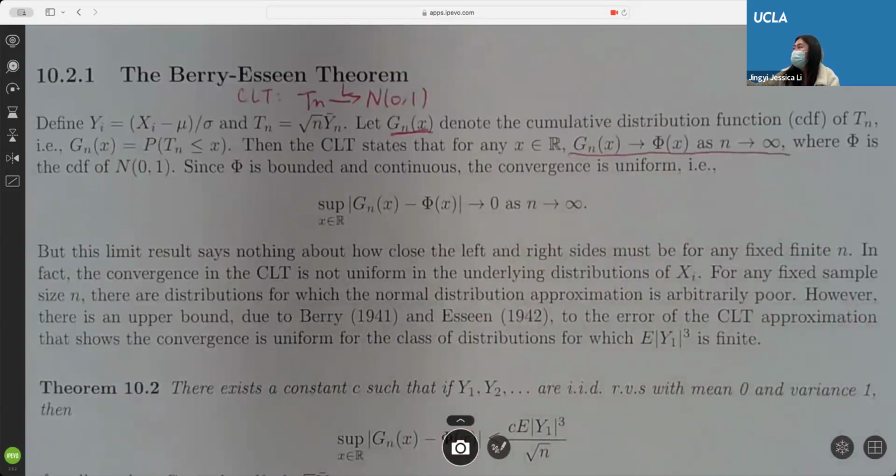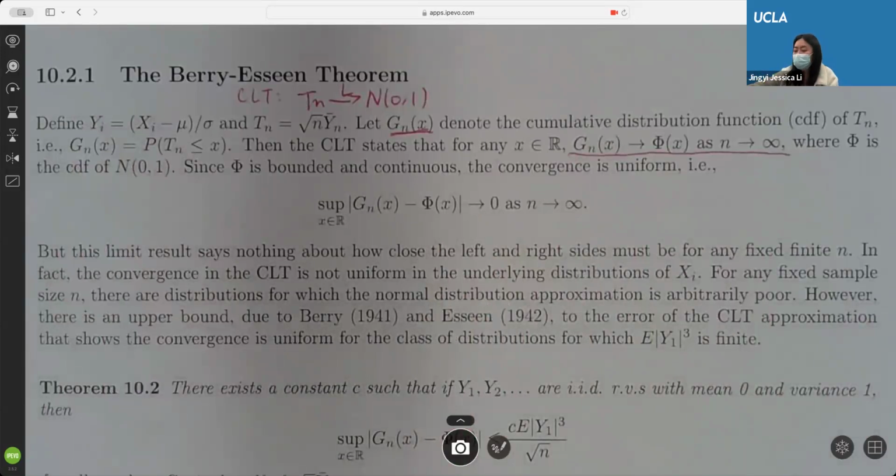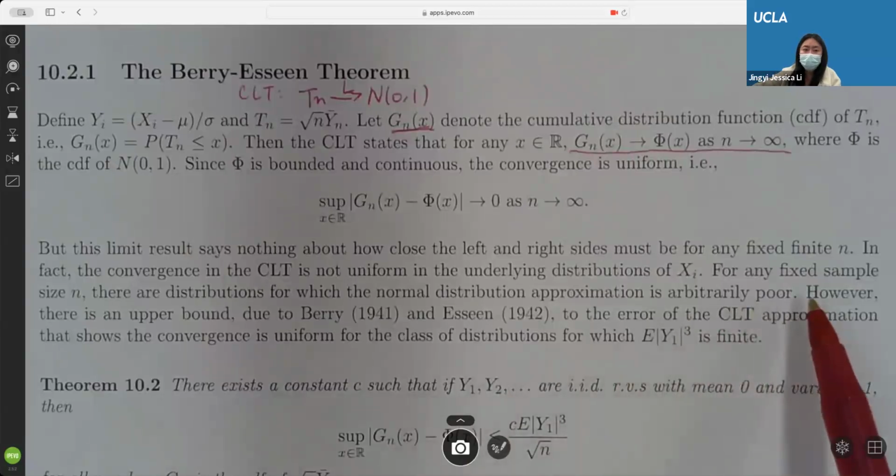It means that it can be faster for some distributions, depending on the original sample, like the distribution of xi or yi, the scaled version. For some distributions, this convergence may happen faster than for others. For any fixed sample size n, there are distributions for which the normal approximation is arbitrarily poor.